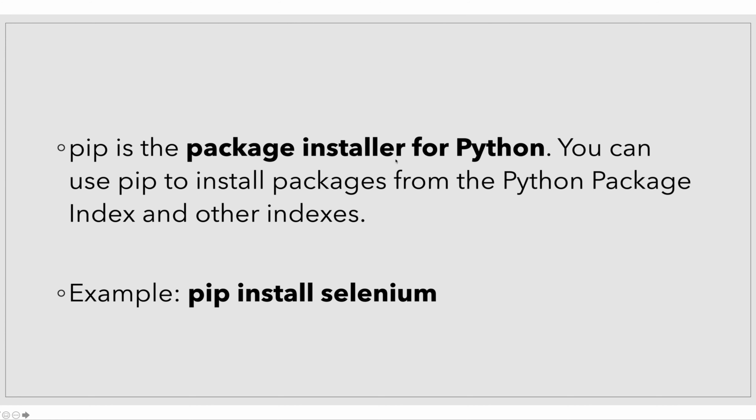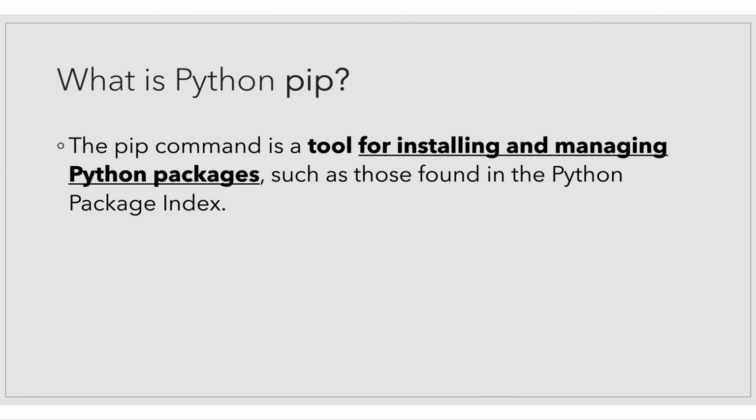That's why it is called package installer of Python, and we can use pip to install packages from the Python package index and other indexes. We can also explain it more nicely: the pip command is a tool. Basically it's a tool, right? We are writing that line and it is doing something in the backend.